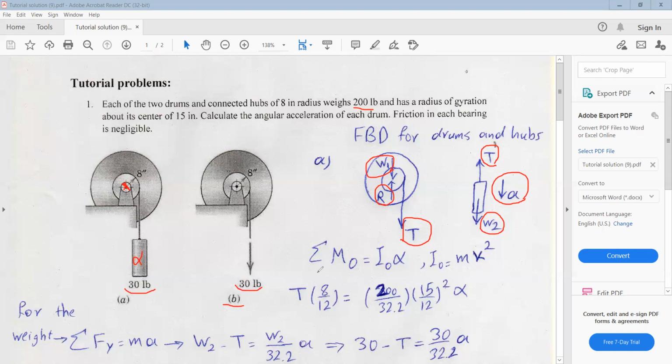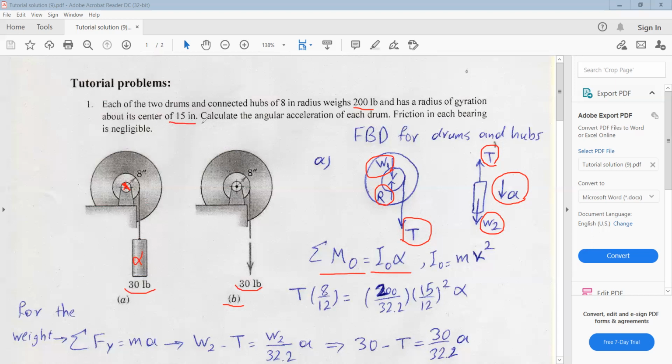From the first one, we can write the moment equation about point O, which is the mass center. It must be equal to I_O alpha, where I_O is the mass moment of inertia about the mass center for this drum. We know the radius of gyration for this drum is 15-inch.